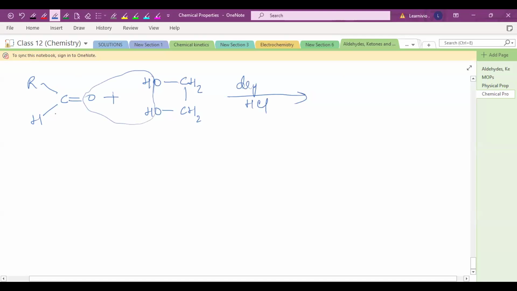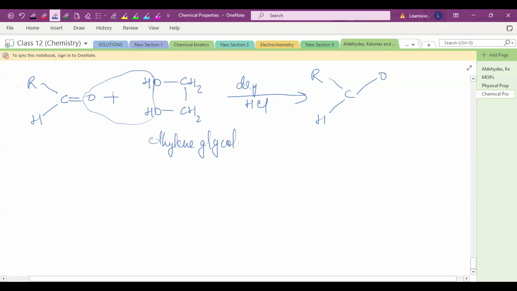And how to write the product? Let's see. This is R. Okay. This is carbon. This is hydrogen. And you have to show the attachment. What is the remaining group? O, CH2, CH2O. This is your ethylene glycol. So from the ethylene glycol, only 2 hydrogens have been removed, right? So you have to show it like this. This double bond carbon should be attached to this oxygen. You have to make the attachment.